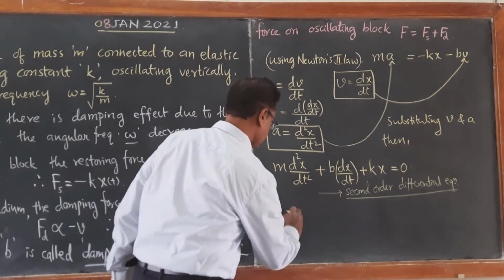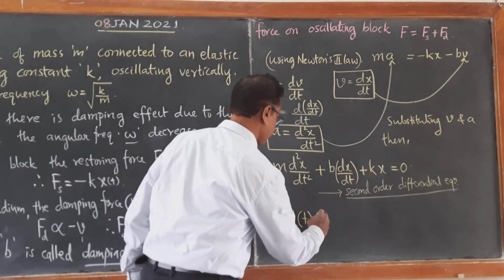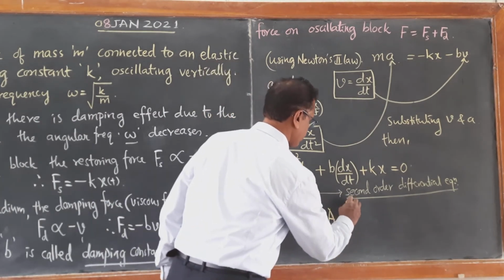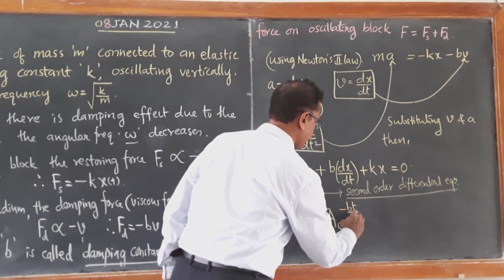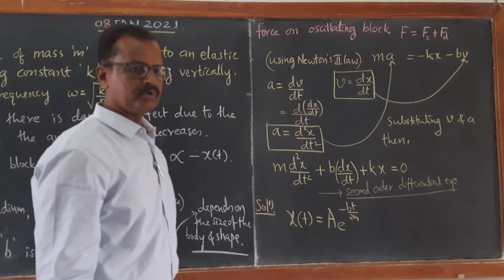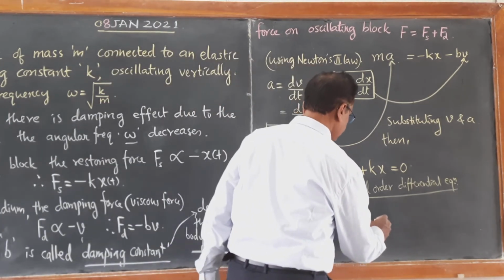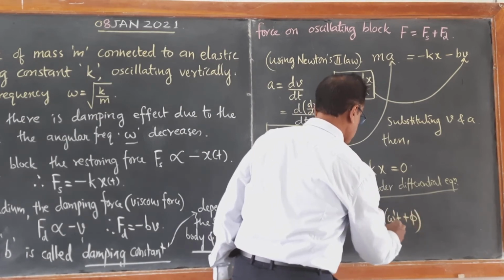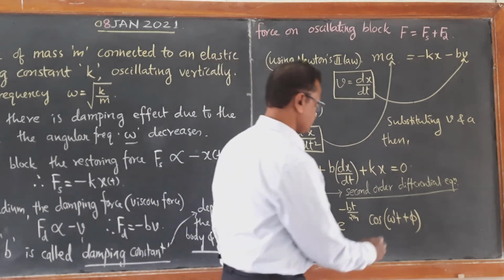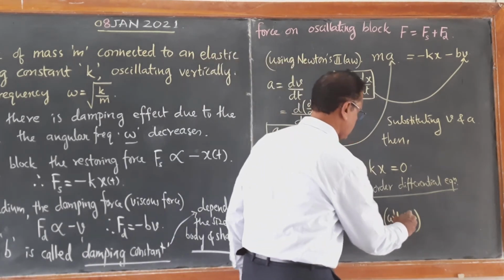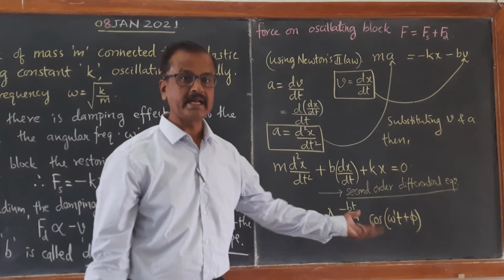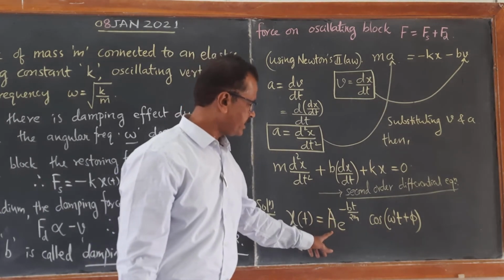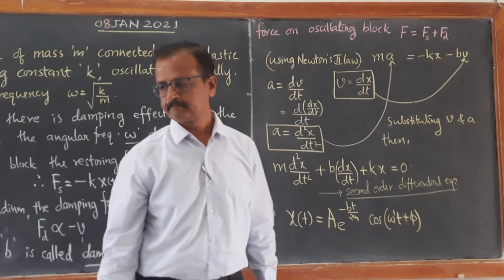The solution of this equation becomes x as a function of time t equal to a into the exponential function e to the power of minus bt upon 2m, into cos of omega dash t plus phi, where the angular frequency is not omega but omega dash, and the amplitude is not A but A into e raised to minus bt upon 2m.